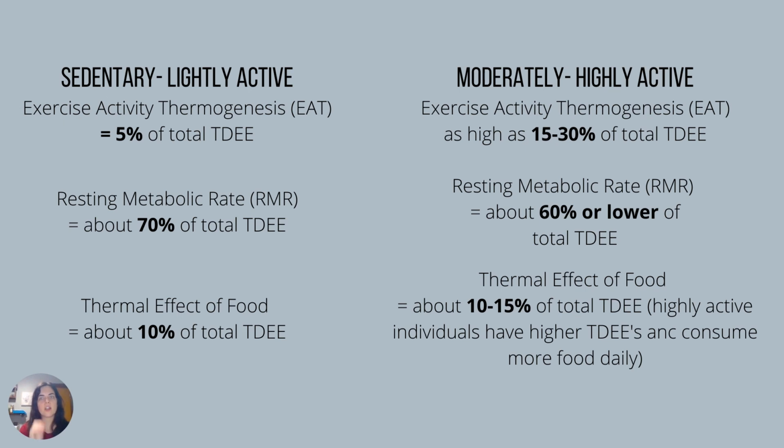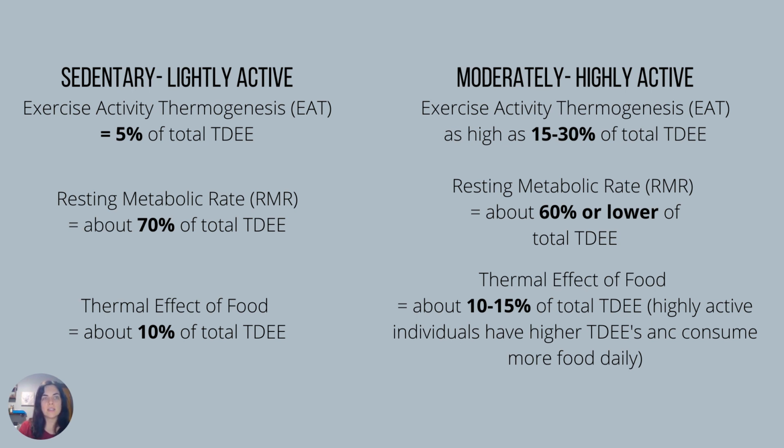So here's a comparison chart. Those four things I just talked about, we were referring to sedentary and lightly active people. From here, you can see that exercise activity thermogenesis takes up about 5% of total TDEE for somebody who is sedentary or lightly active, whereas if you are moderately to highly active, your EAT can be as high as 15 to 30% of your total TDEE.